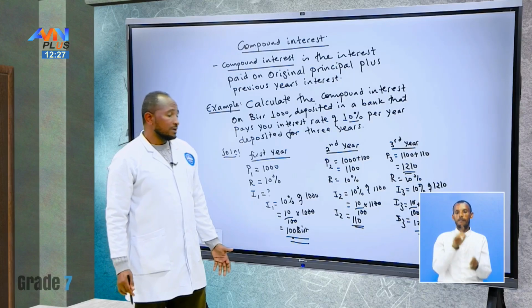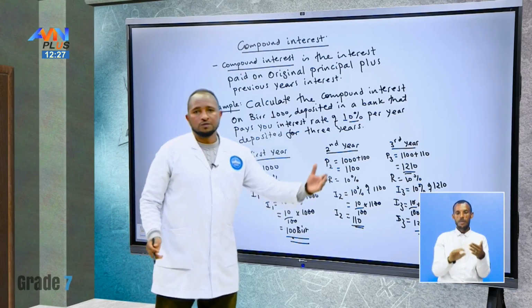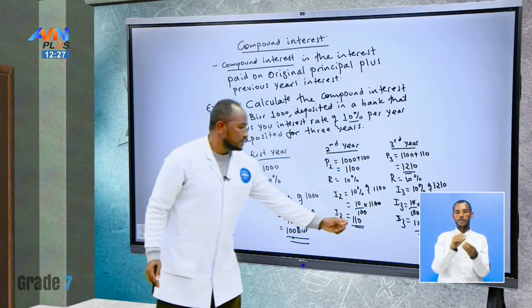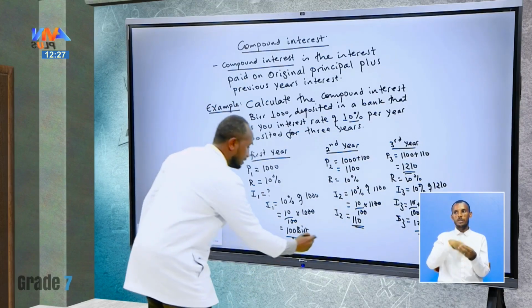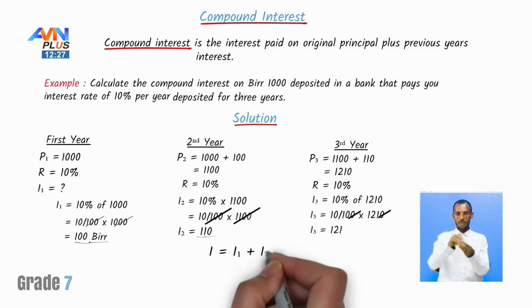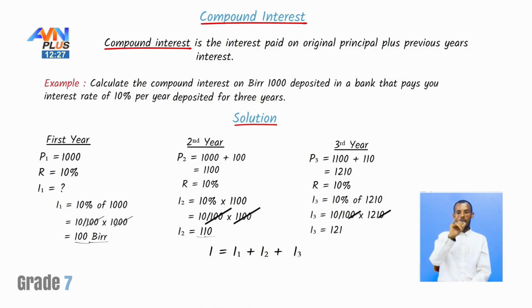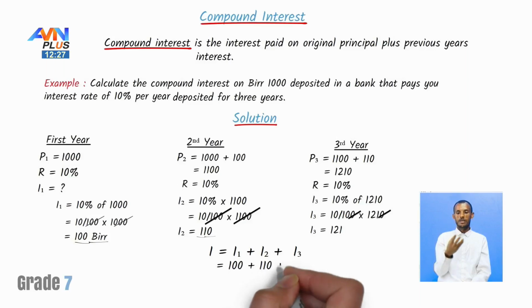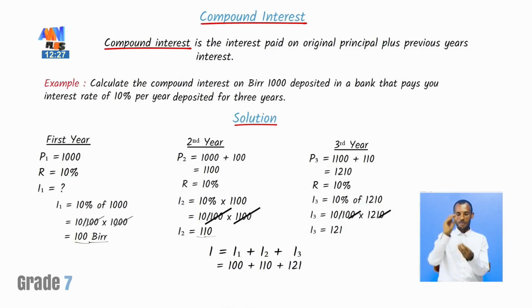So finally, the total interest throughout 3 years will be the sum of these interests. So I will be equal to I1 plus I2 plus I3. The first year's interest is 100. Second year's interest is 110. And third year's interest is 121. Together this gives us the sum, 331.